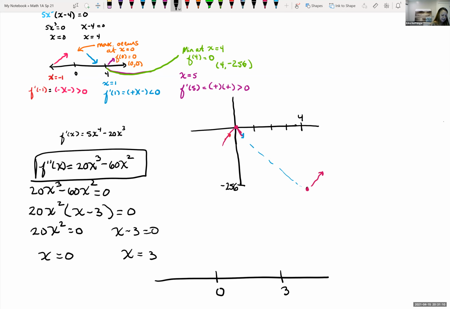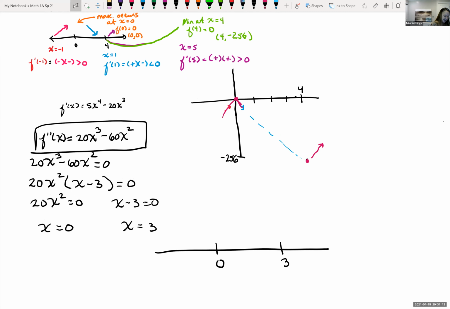So plugging this into the second derivative, if we're only worried about when this is positive or negative, we could think of the second derivative in factored form, 20x squared all times x minus 3. If we choose a number to the left of 0, how about x equals -1, plug it into the second derivative.